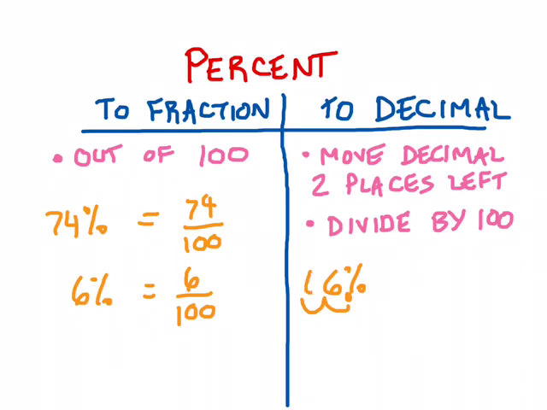I'll have to add a 0 as a placeholder to make that work. So the equivalent is 0 and 6/100ths. Alternatively, if you just want to think of it as 6 divided by 100 and punch that into a calculator, it'll do that work for you. It'll be 6/100ths as well.